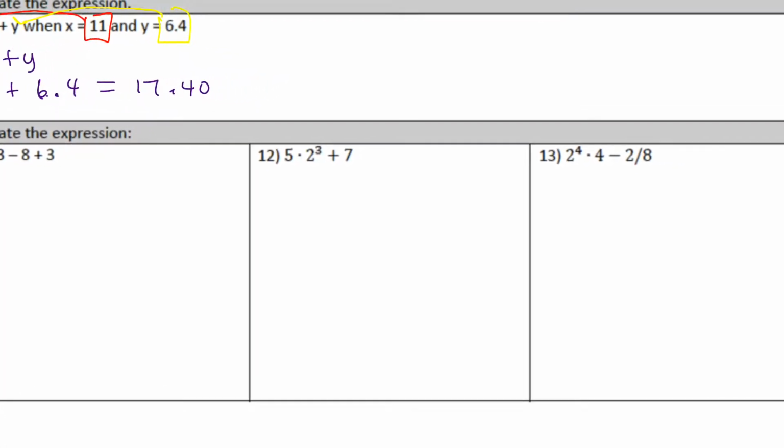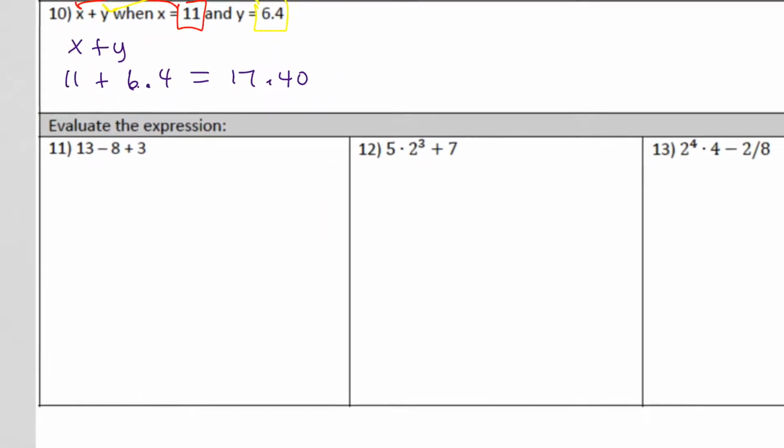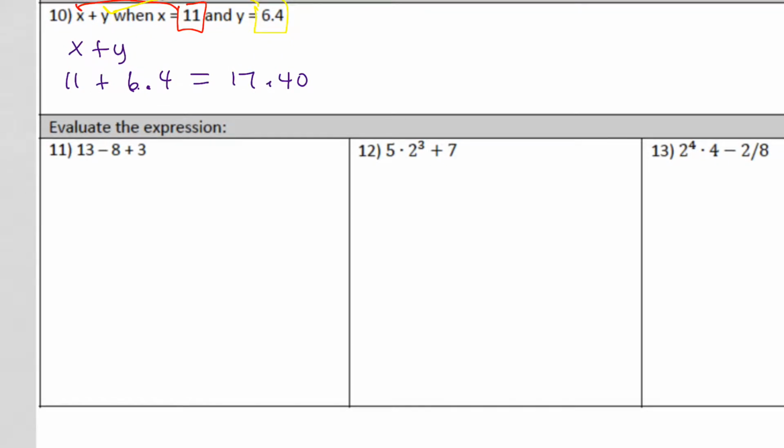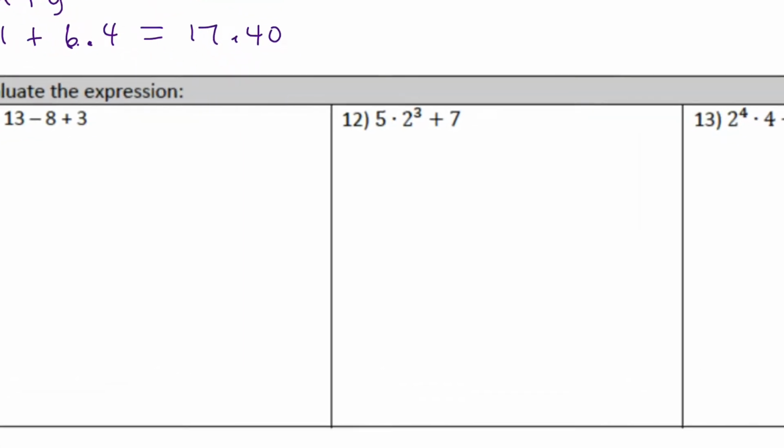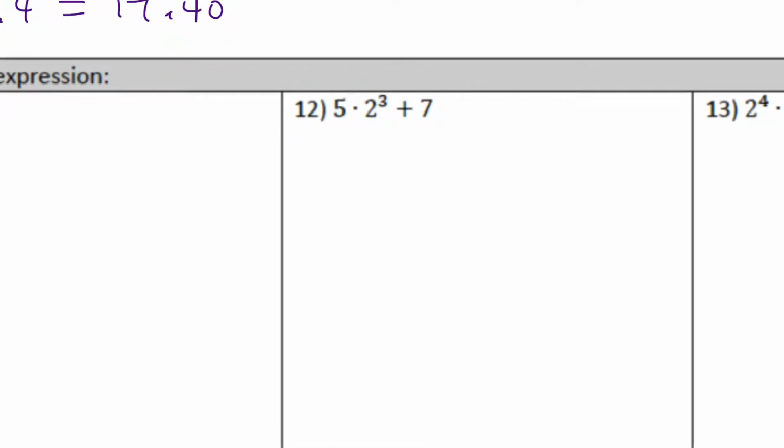Okay, evaluate the expressions. Now remember, evaluating the expressions here, we want to see what we got going here. So let's take a look at number 12. Okay, number 12. Again, follow your order of operations. GEMDAS.